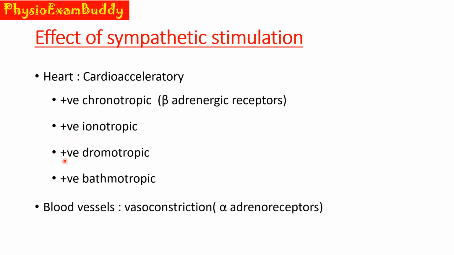It also increases the conductivity, or dromotropic effect. It also increases the excitability of the heart, which is commonly known as positive bathmotropic. Whereas on the blood vessels, it causes vasoconstriction by its action on the alpha adrenoreceptors.